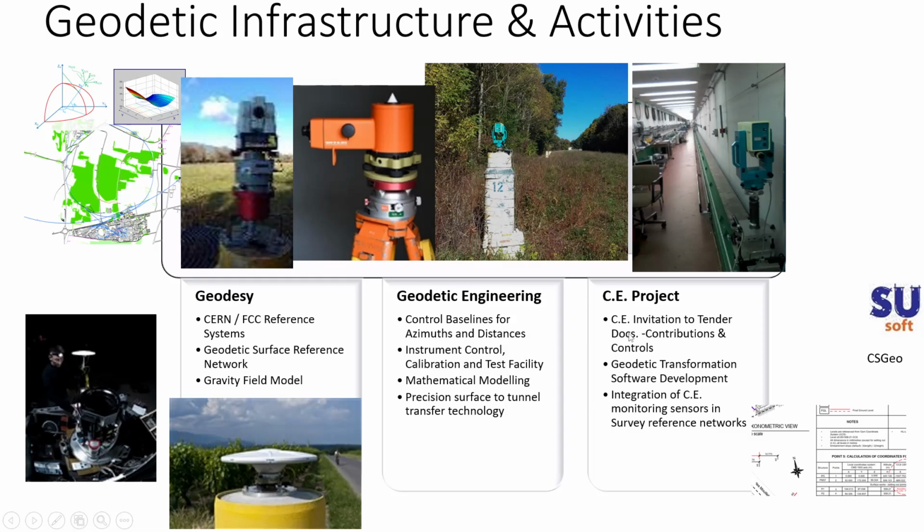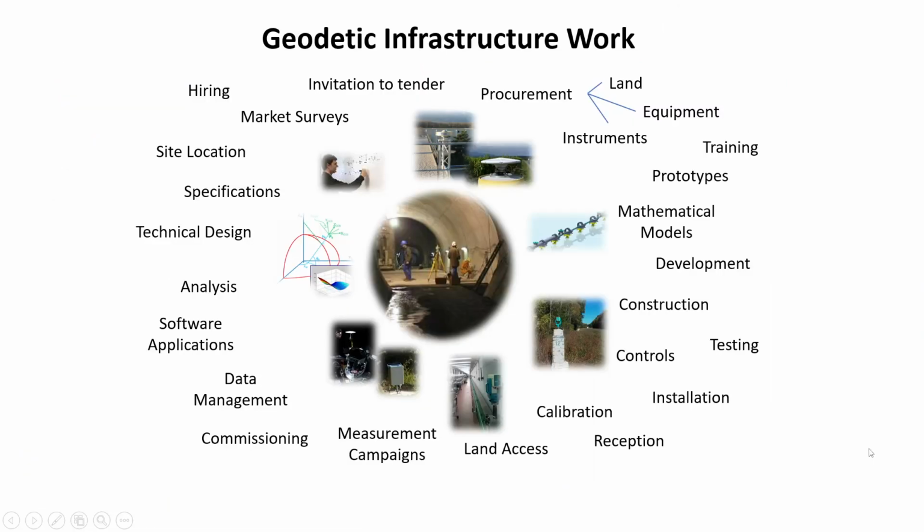Civil engineering: invitation to tender documents, contributions and controls, geodetic transformation software development, integration of civil engineering monitoring sensors in the survey reference network. All the geodetic infrastructure work is shown in the picture. Here you can see, first of all, key words and key phrases of the process.